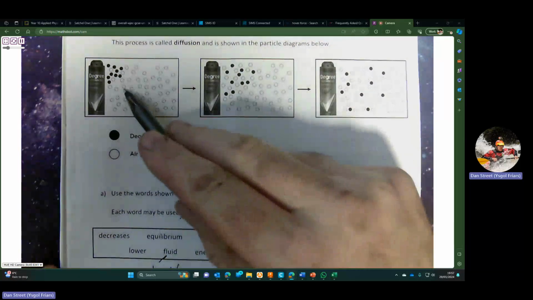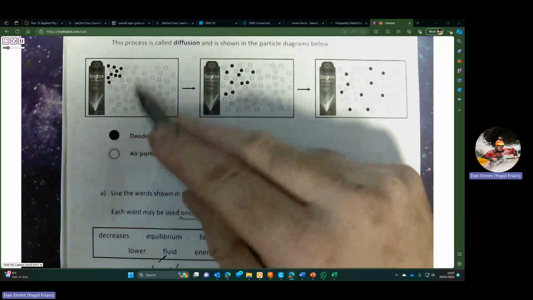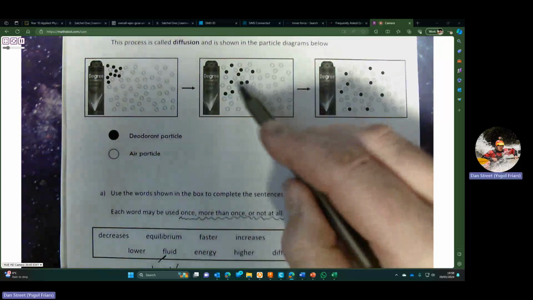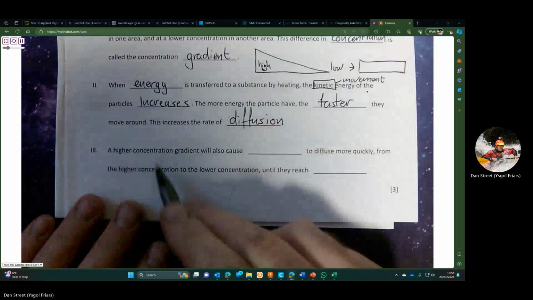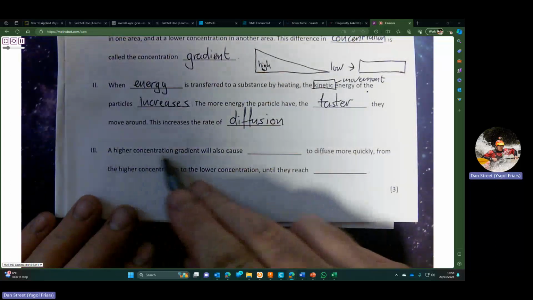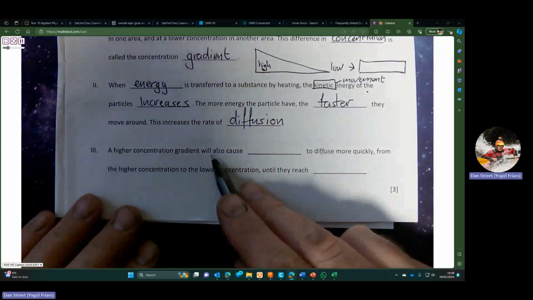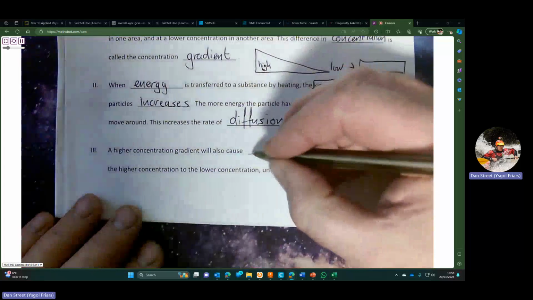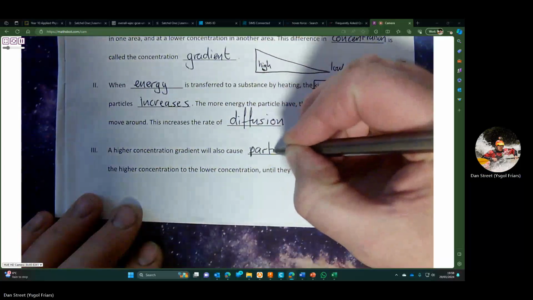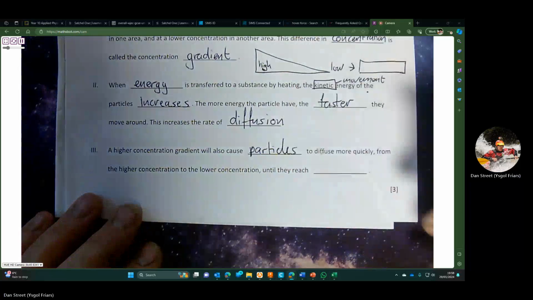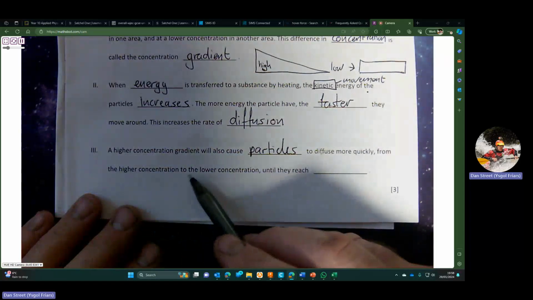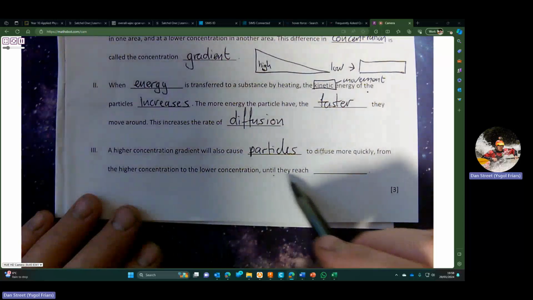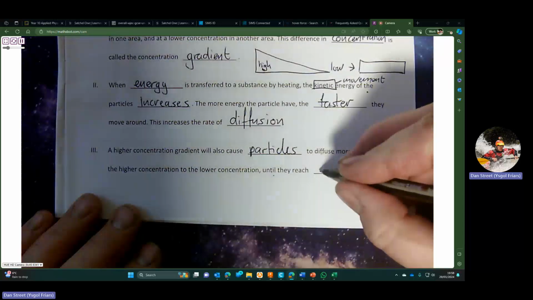So these particles have got a lot of kinetic energy, moving quickly, moving around, spreading out until eventually they spread out throughout the entire fluid. And the final sentence, a higher concentration gradient will also cause particles to diffuse more quickly from the higher concentration to the lower concentration until they reach equilibrium.